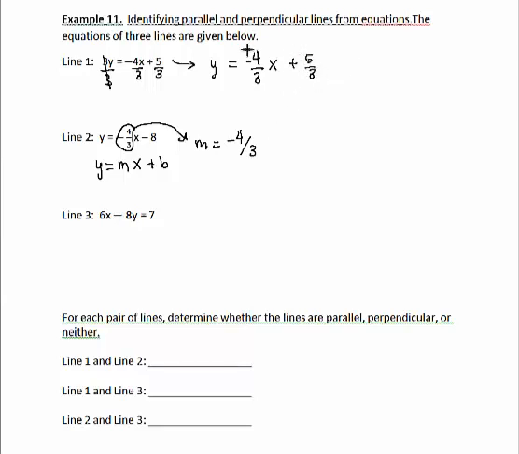Alright, and so this number is our slope. M equals -4/3. Okay, so this is slope 1, this is slope 2, and finally, what is slope 3?